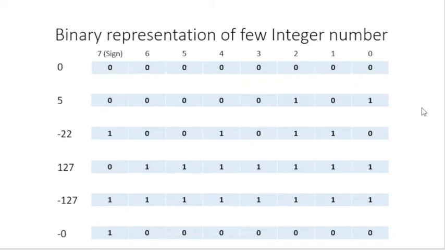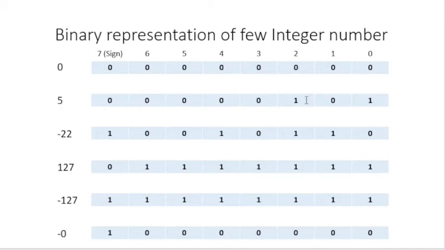Now binary representations of a few numbers. As you can see, the most significant bit is the sign bit, because I have started the index from 0, and the rightmost bit is the least significant bit. Now representation of 0 is considered positive, so sign bit is 0 and all other bits are 0.